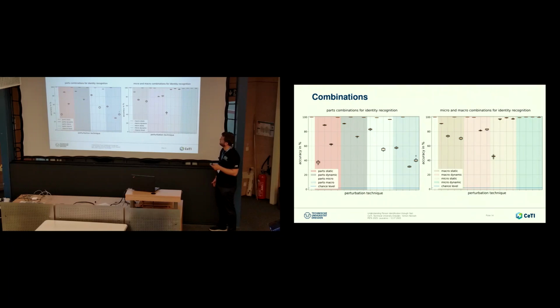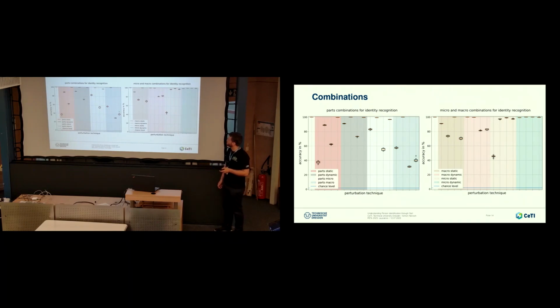So there's still most of the identifiable information. And when we look at the others, while it goes down a little bit, we can still see that none of them really reach chance level. So even removing two parts of that means that it's still identifiable information.